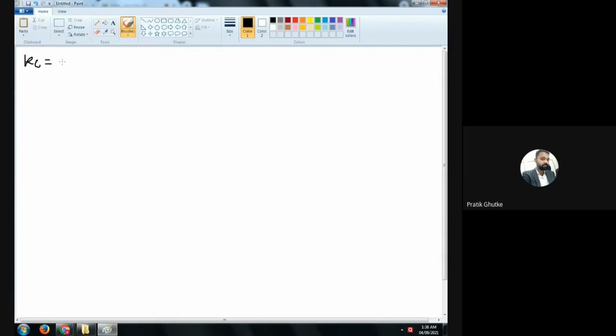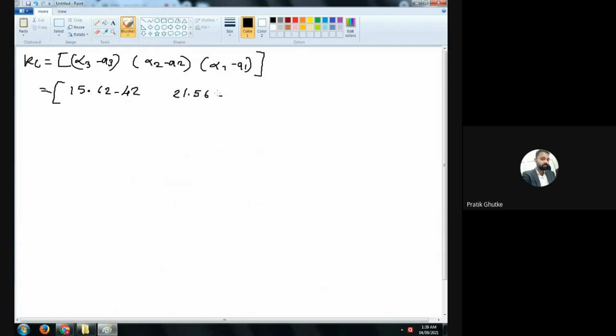Kc matrix is nothing but alpha 3 minus A3 in the first bracket. Next bracket alpha 2 minus A2, and then third bracket alpha 1 minus A1. This is your Kc row matrix. So what is my alpha 3? Just calculate it, 15.62. 15.62 minus A3, it is 42, first bracket. What is alpha 2? 21.56 minus what is A2?